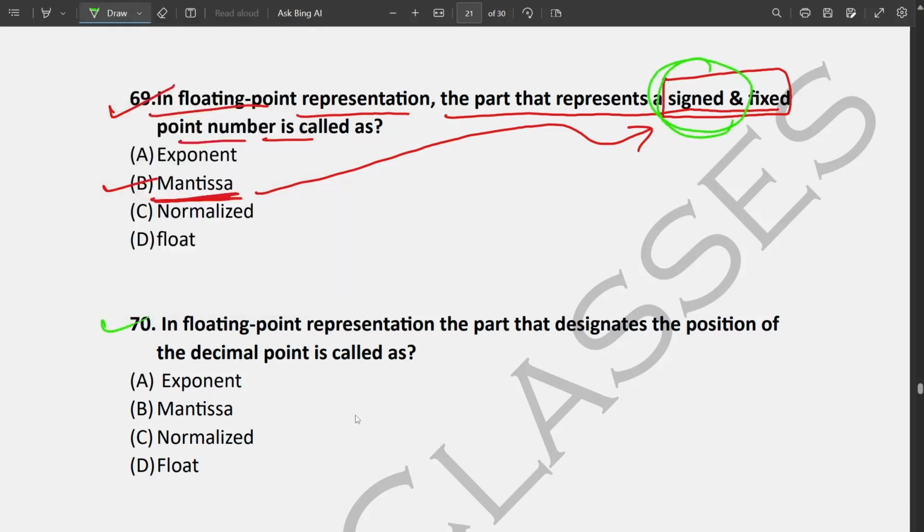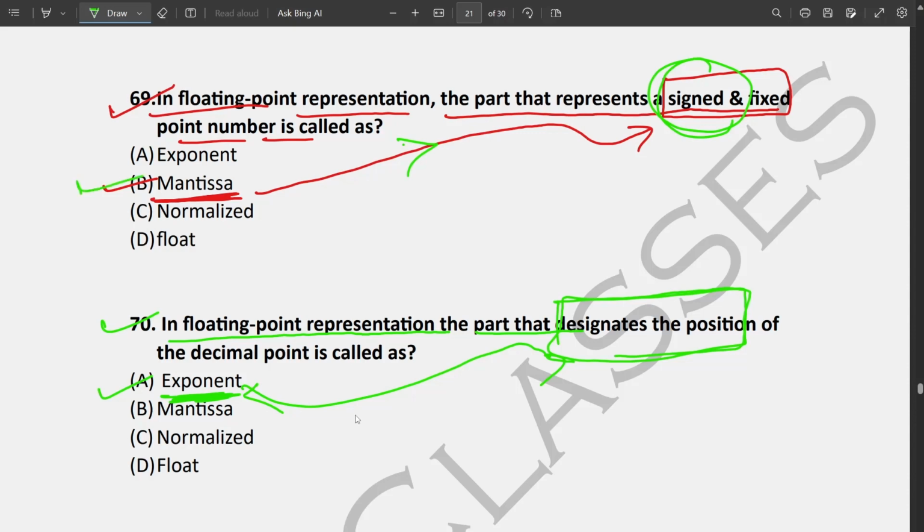Remember this. Next, in floating point representation, the part that designates the position. When it talks about position, the answer will be exponent. Option number A is correct. For position, exponent, and for signed, fixed point, the answer will be mantissa.